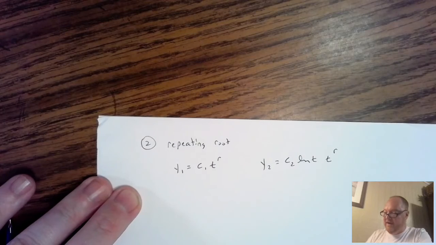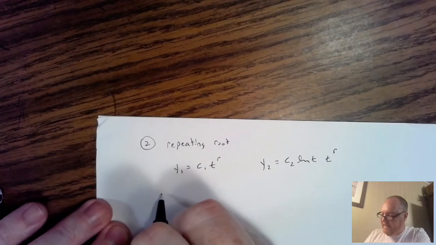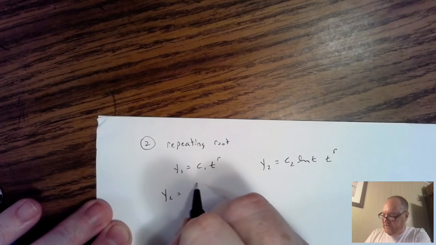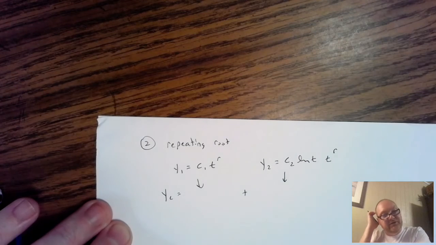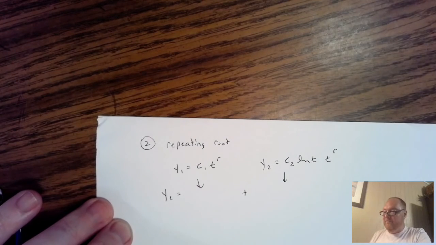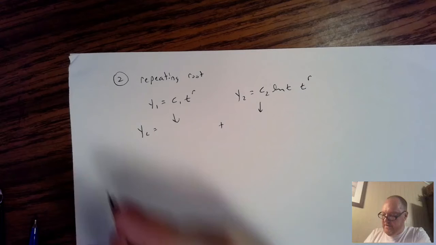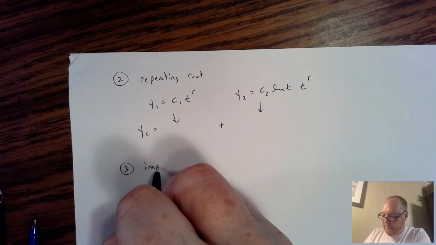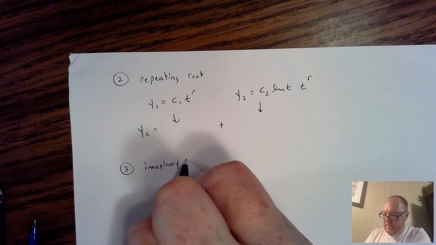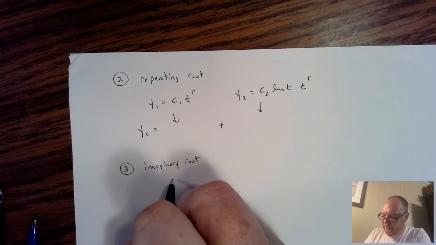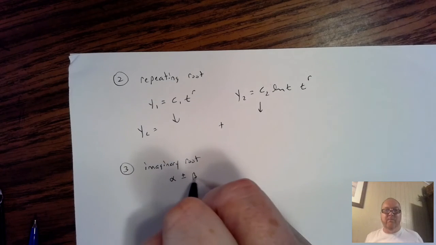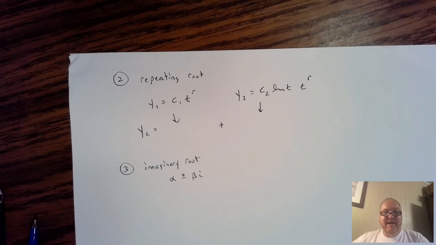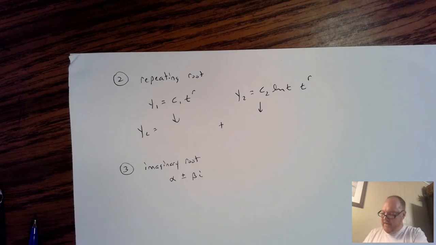Again, the general solution is a linear combination of each of those. The third case that we encounter is an imaginary root. Remember, we get imaginary roots that fit this form, a real and an imaginary part, an alpha and a beta.